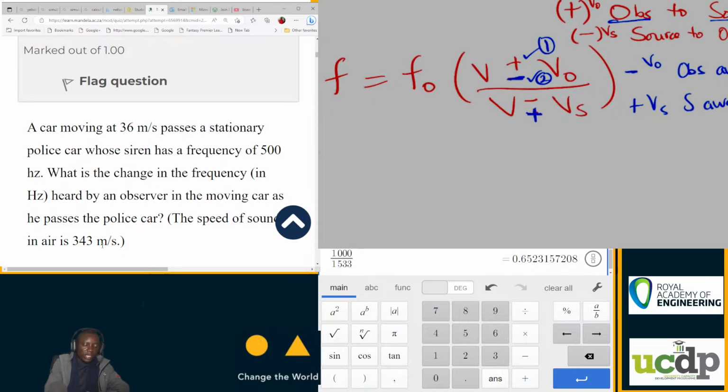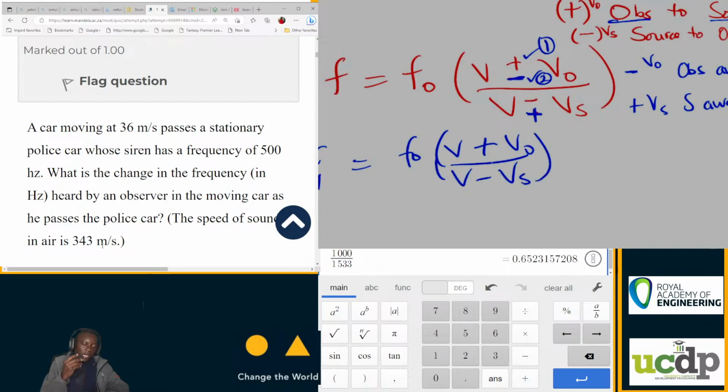So that means the frequency of the first part of the motion, F1, is equal to F naught times V plus V observer over V minus V source. Another way of looking at it is when the observer is approaching the source, this has a tendency of increasing the frequency.